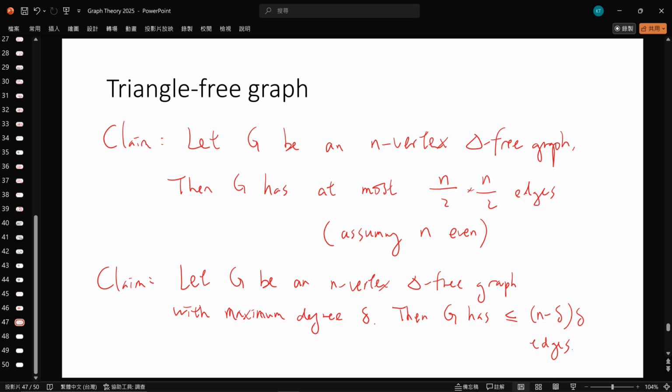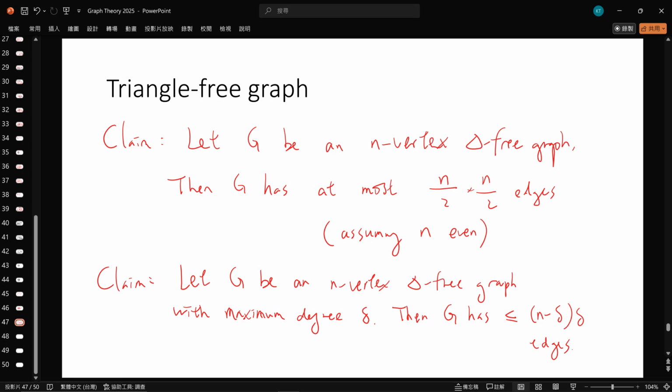The claim says, once you have this maximum degree, suppose the maximum degree is 5, then you can actually upper bound the number of edges. This upper bound is quite simple. It's just n minus delta times delta. Once we have this claim, we can automatically prove the original claim that we tried to prove.